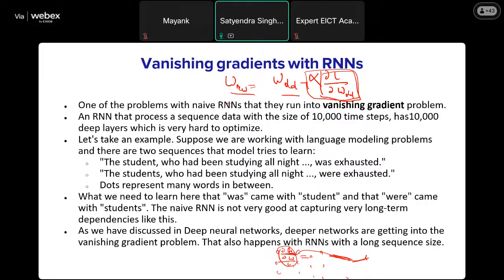And if you see here, in RNN this problem becomes naturally evident because you have a deep RNN architecture.